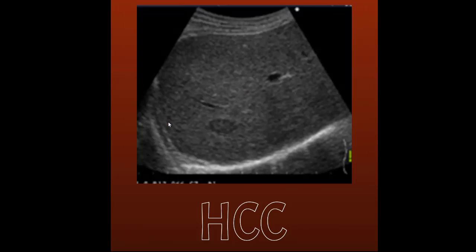Here, though, is another example of HCC in which we have this tiny little lesion. It actually almost looks like an adenoma. So hepatocellular carcinoma does not take on any one specific appearance. It needs to be biopsied, or it needs to have other imaging done to determine the diagnosis.